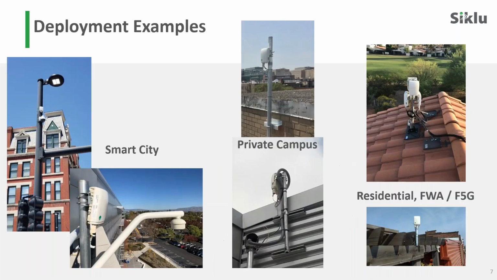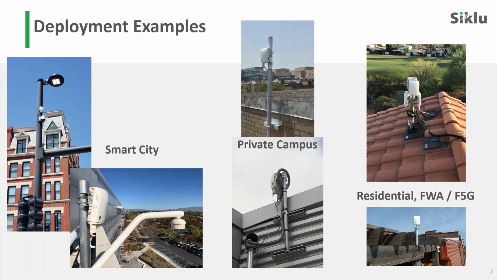And where are the MultiHaul units deployed so far? Plenty of applications, some illustrations here, starting with the left, smart cities, where basically the most common application is video surveillance, but also Wi-Fi backhaul.